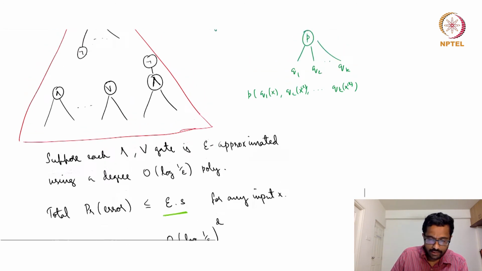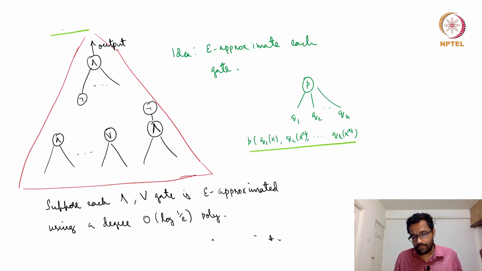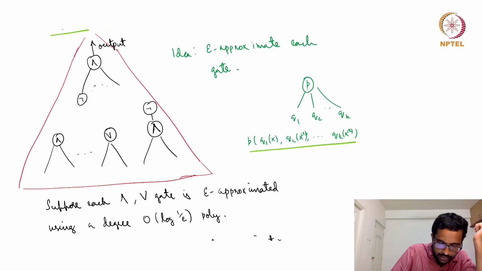What is the total degree? Whenever you do this kind of composition, like p of q, the degree of the resulting polynomial is the degree of p multiplied by the degree of q. To see why, suppose I am computing x power n1.